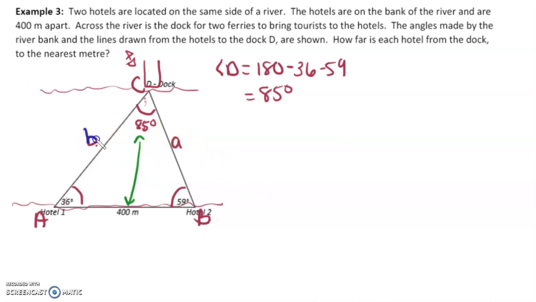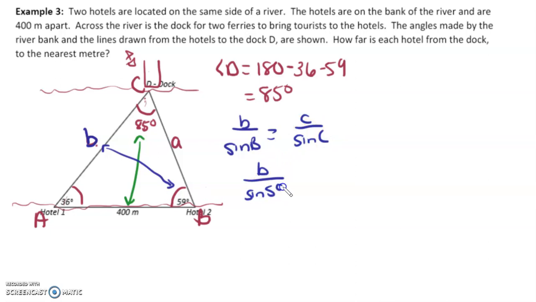So I'm going to color coordinate this. I'm going to do B in blue. Okay, so B is across from 59. I'm going to do B over sine B equals C over sine C. So B over sine 59 equals 400 over sine 85.